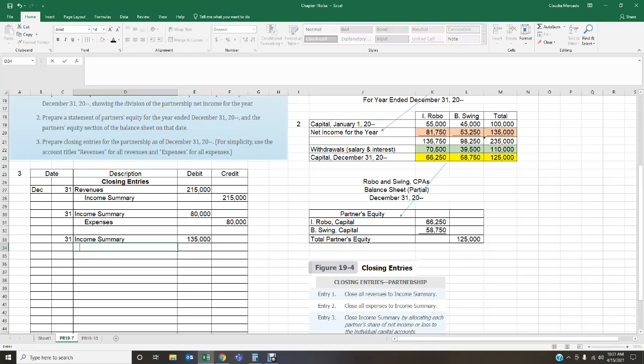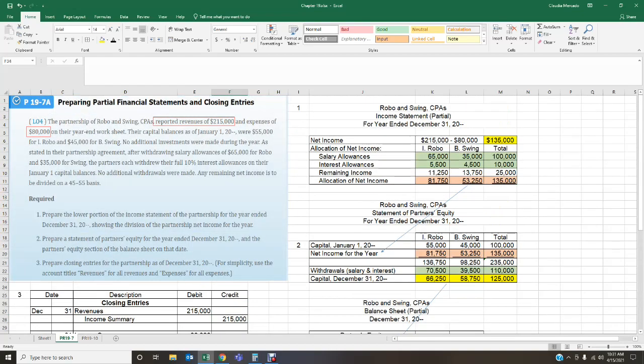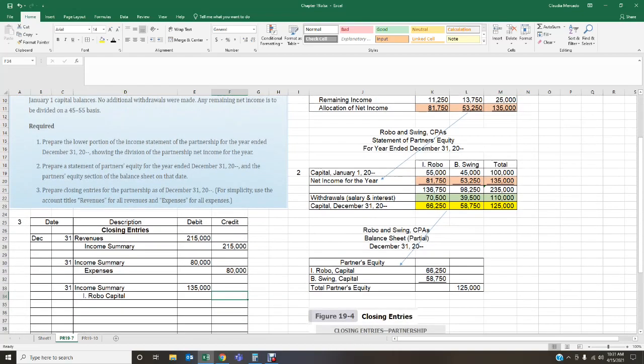And then I'm going to close to my capital accounts. Here we go. The amount for Robo is 81,750.